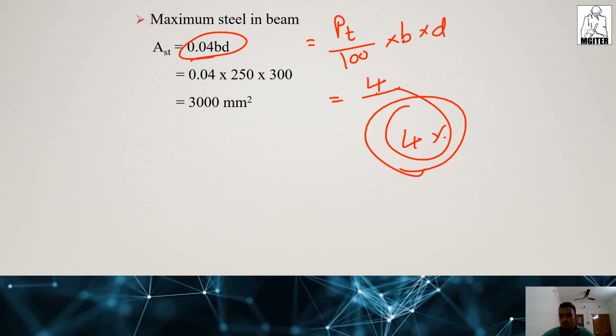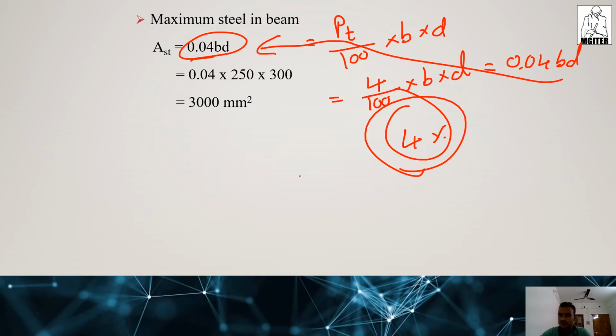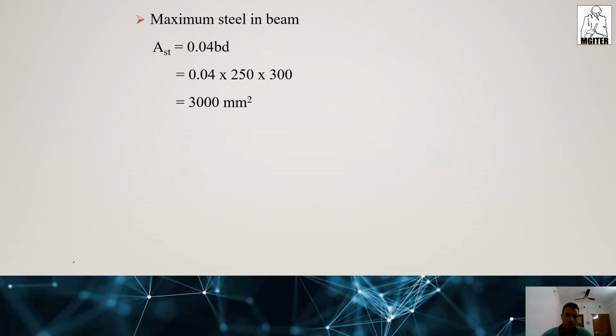Provided pt is 4 by 100 into b into d, so 0.04 bd. You can get this equation. Simple. If you can't remember the equation, just clear the concept: maximum steel is 4% of cross section area.